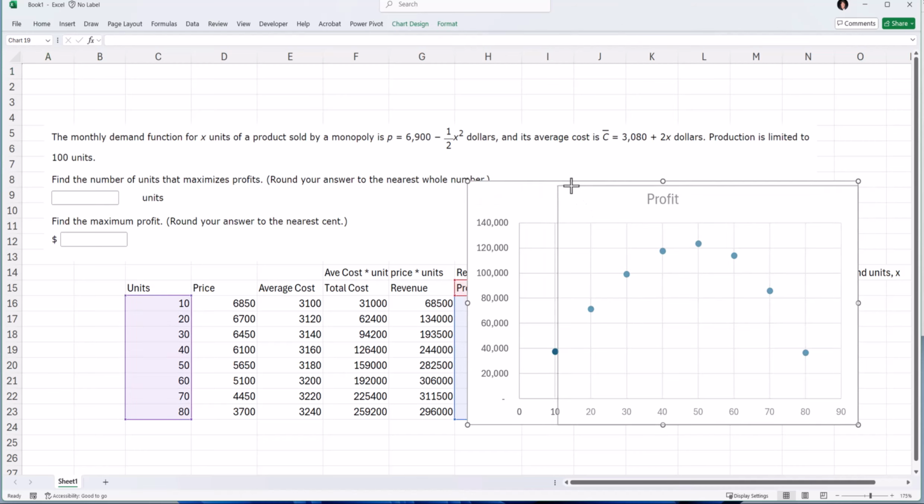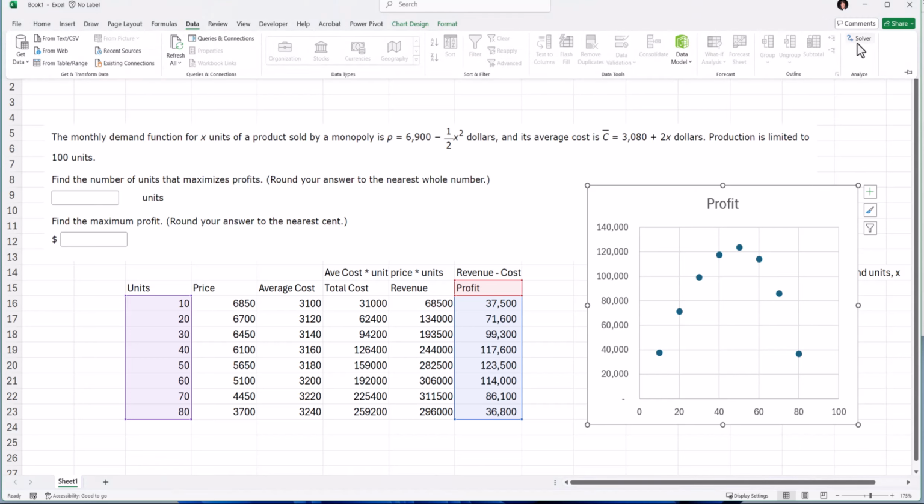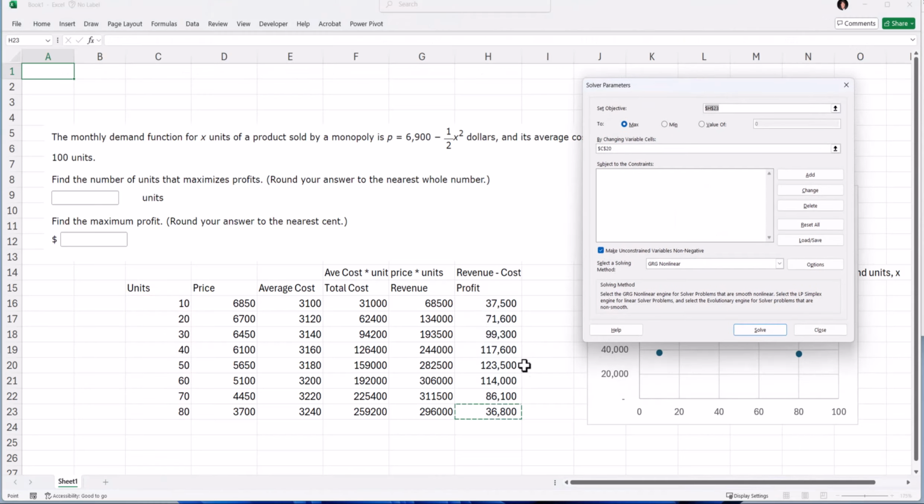Scoot this over. There we go. And try that again. So profit to a maximum by changing the corresponding number of units.